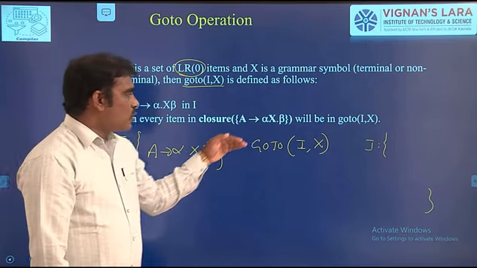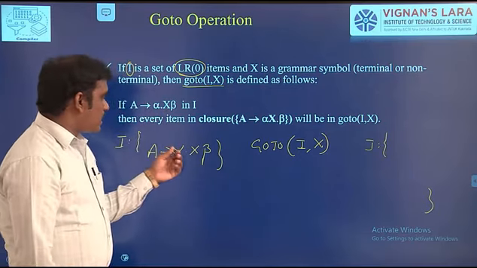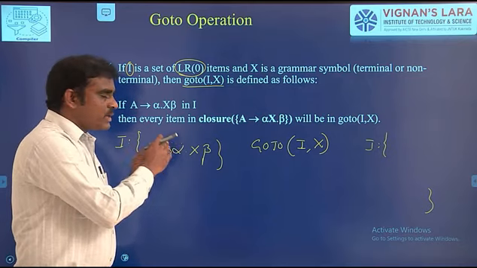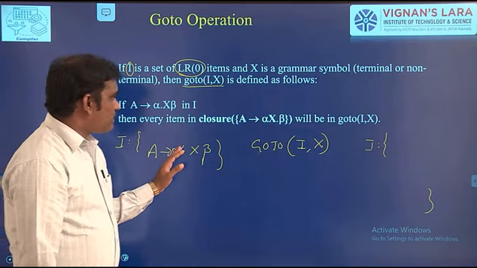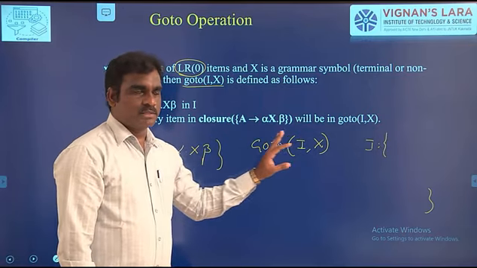The purpose of the goto operation is that the dot is moved from left to right.